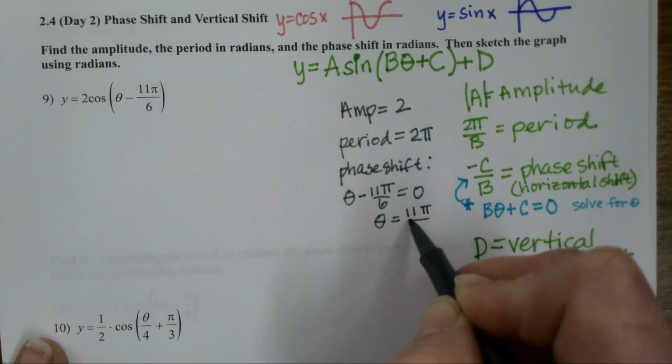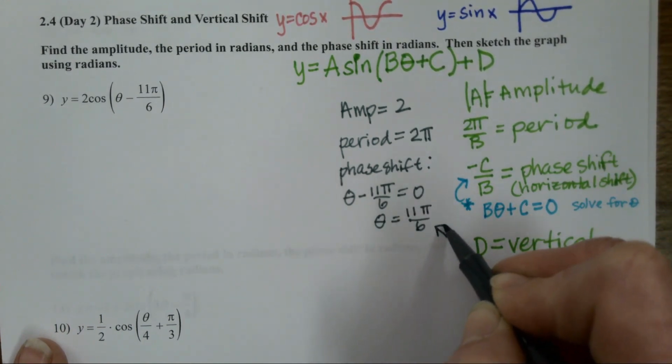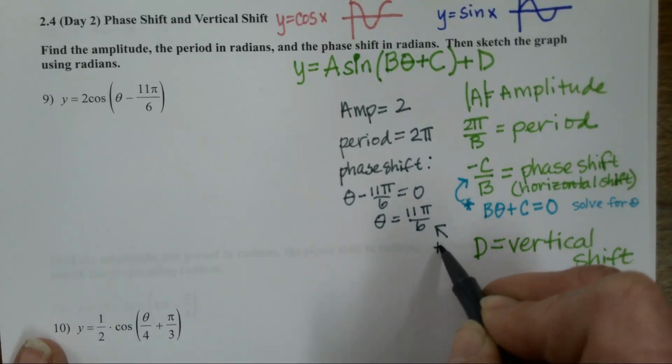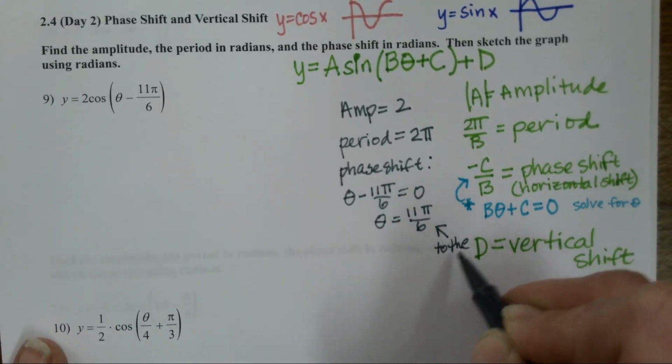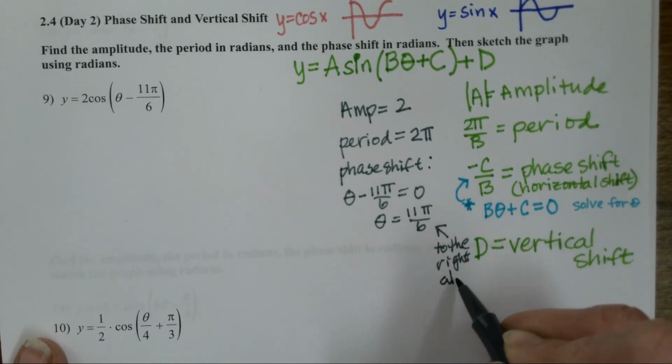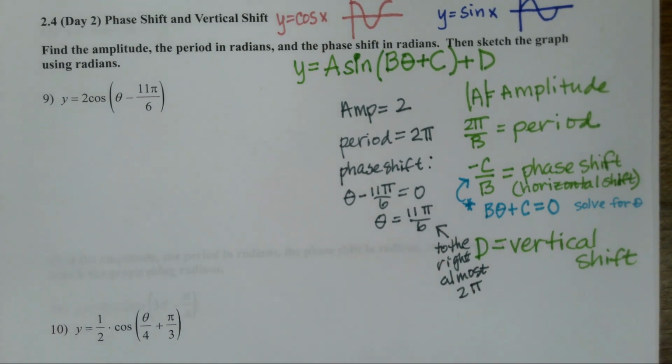And so what that means is I am going to move to the right almost 2 pi. What's the crazy lady talking about? What does she mean, almost 2 pi? 12 over 6. Yeah, 12 pi over 6 is 2 pi. This is 11 pi over 6, so it's just shy of 2 pi.